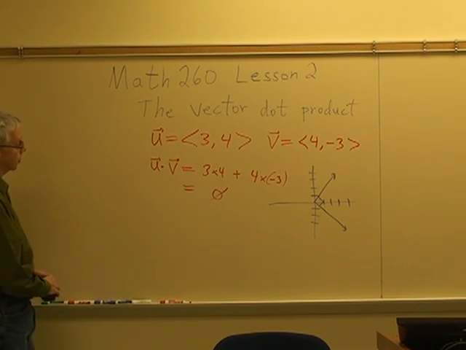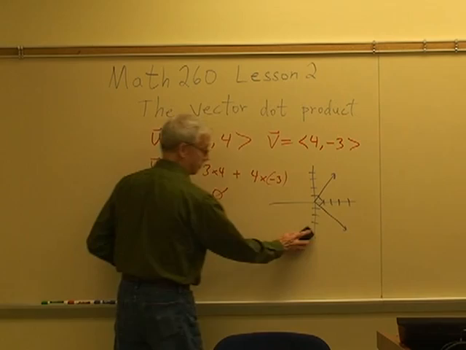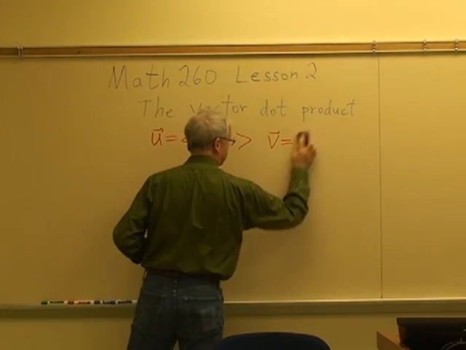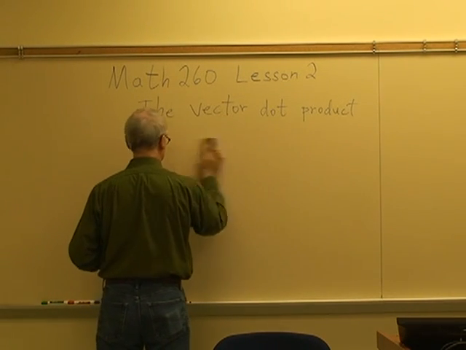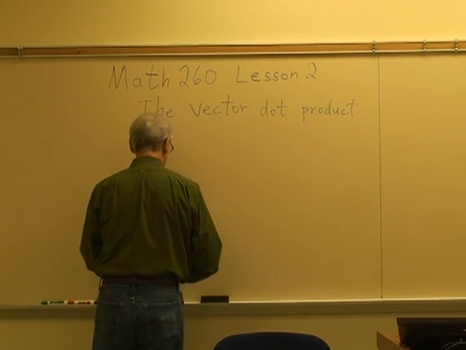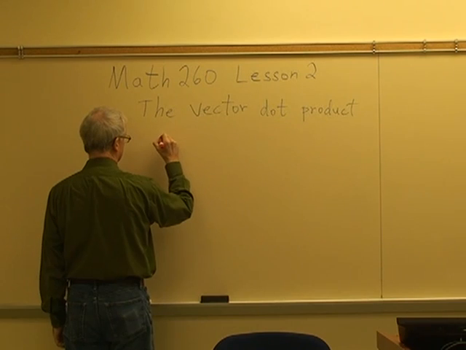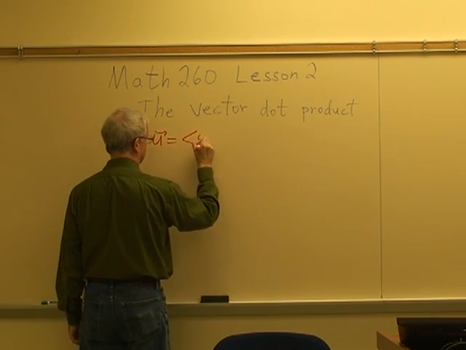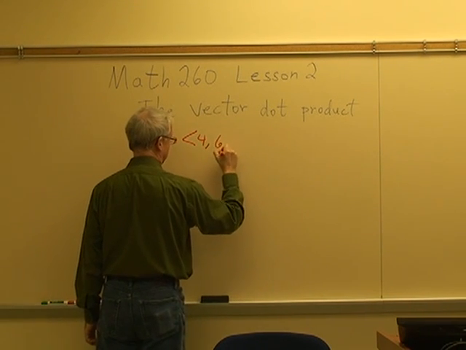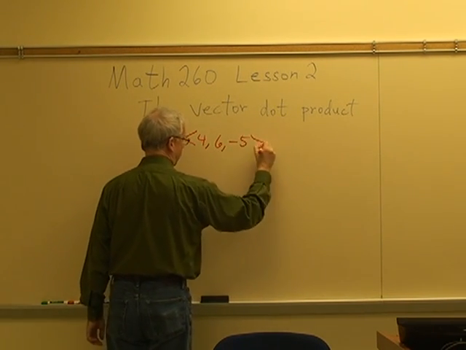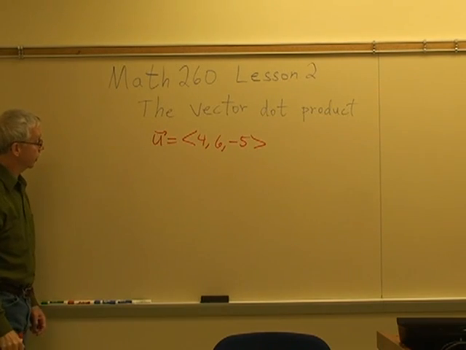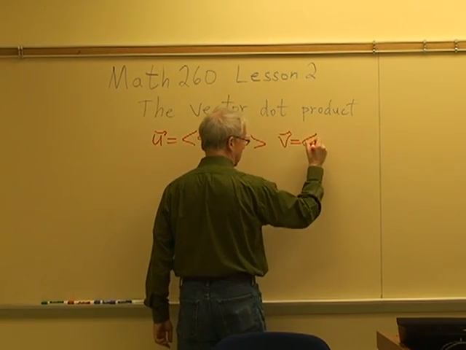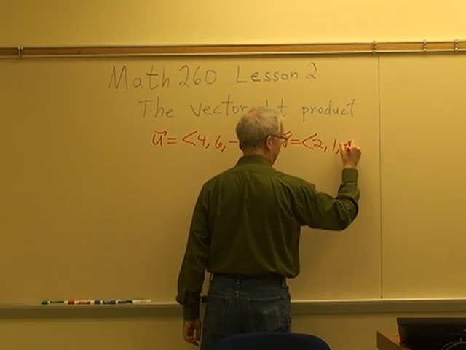Let's look at another example in 3 dimensions this time. So U has components 4, 6, -5, and V has components 2, 1, and 3.